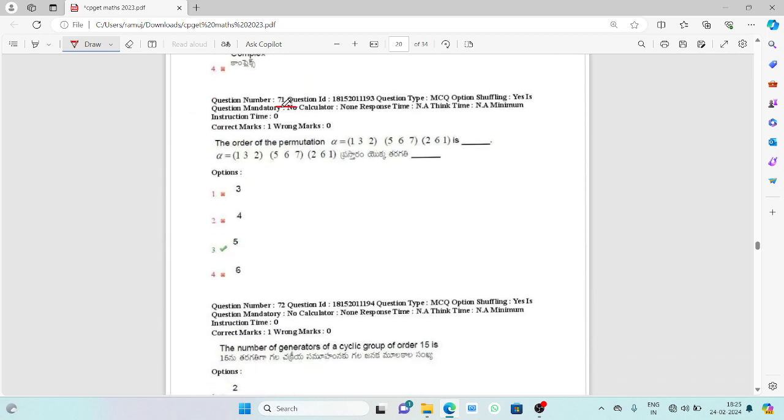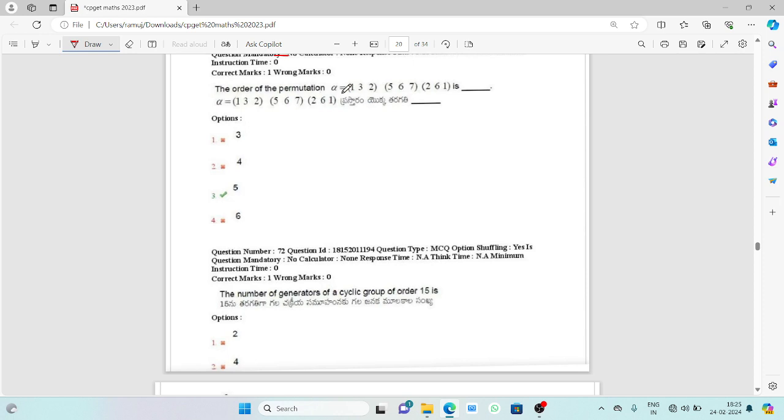So the 71 question is the order of the permutation alpha is equal to the cycles (1 3 2)(5 6 7)(2 6 8). Whenever he is asking the order, I already told that whenever these cycles are distinct, we can directly do it by using the formula. Suppose you have two cycles A and B, alpha is equal to A and B, alpha is equal to A cycle and B cycle.